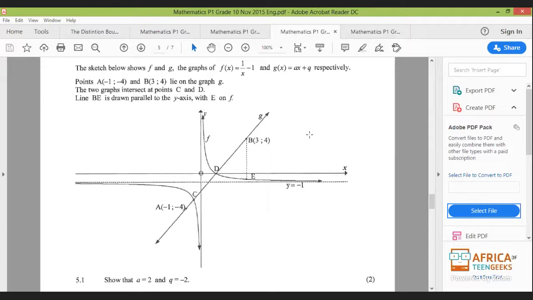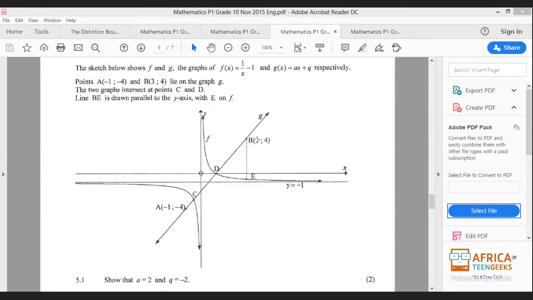Okay, cool. So basically here, guys, what they are trying to say, we must show the values of a and the values of q, right? So now what we need to do is, remember, in order for you to get a and q, you must have two coordinates. So remember, you can calculate your gradient first. And remember, I once told you under analytical geometry how you can calculate your gradient?